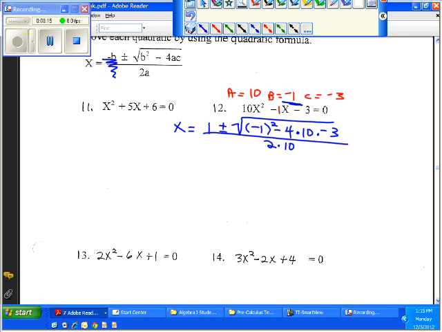Remember that we're going to do 3 things to start with. We're going to do this calculation, the square. We're going to do all those multiplied, thinking about signs, and we're going to do that. So we will have x is equal to 1 plus or minus the square root of negative 1 quantity squared is positive 1. 4 times 10 is 40 times 3 is 120. Then we check our signs. The 4 is negative.